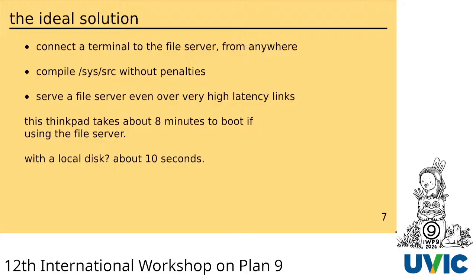For example, if I try to boot this terminal right here using a link that has 200 milliseconds of latency to my file server, it's going to take about 8 minutes to boot. But if I use the local disk on this ThinkPad, it's going to take about 10 seconds. So this project that I aim to create is meant to lower this gap so that it gets closer to the 10 seconds mark.